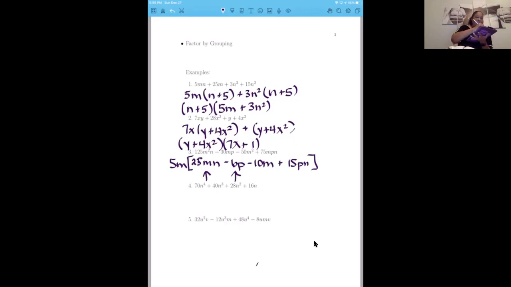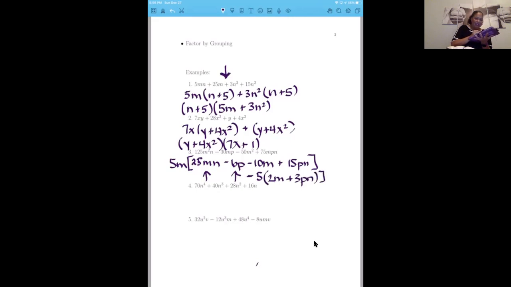Now, one thing I didn't say, but if I group the first two together and the second two together, the sign in between is what you're going to factor out. So I would factor out a negative 5 from that second set. Now, if I factored that out, what I would have here would be a 2m plus 3pn.